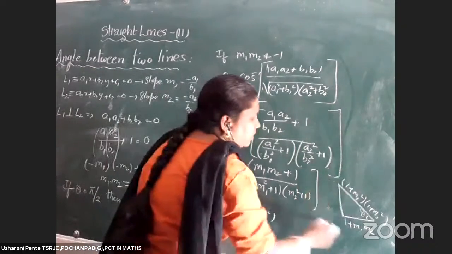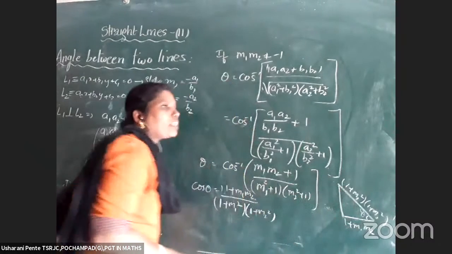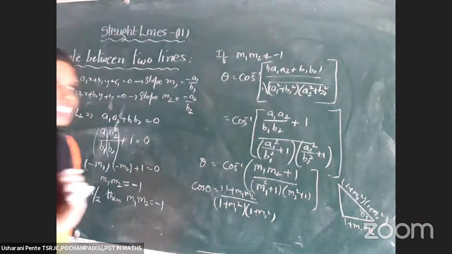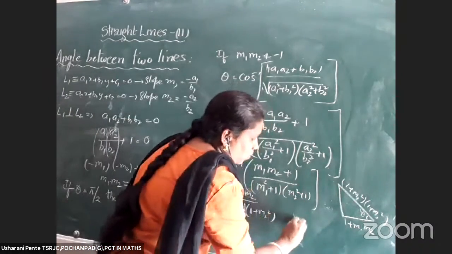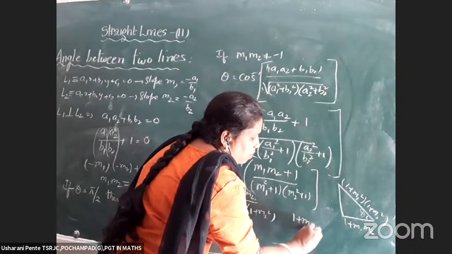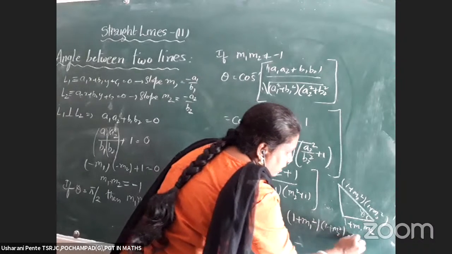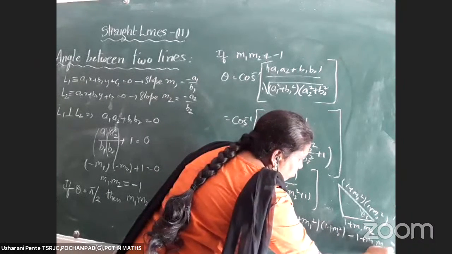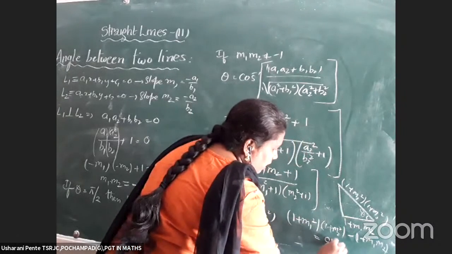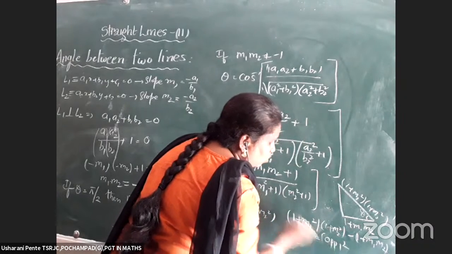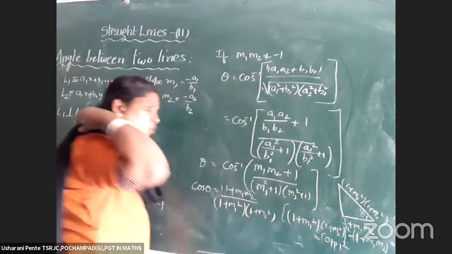From this, can we find the opposite side? That is the square of the hypotenuse minus the square of the adjacent, which will give the square of the opposite side. So 1 plus m1 square into 1 plus m2 square minus the square of 1 plus m1 m2 is equal to opposite square.